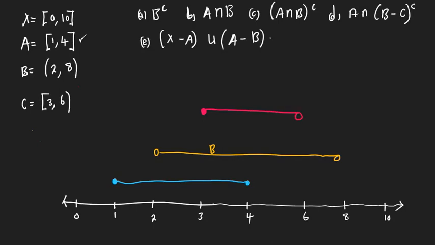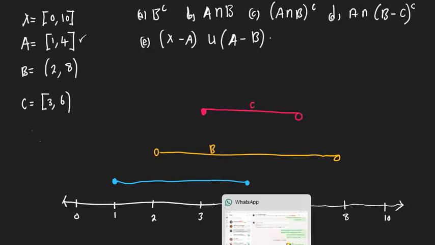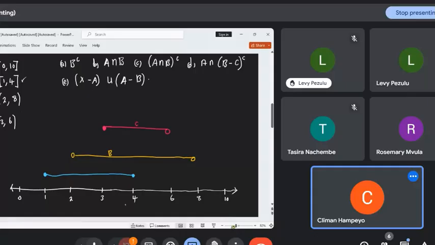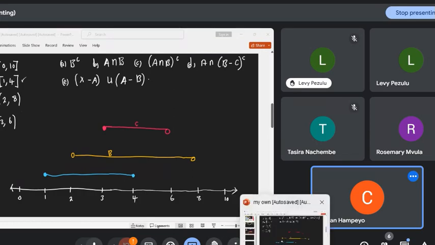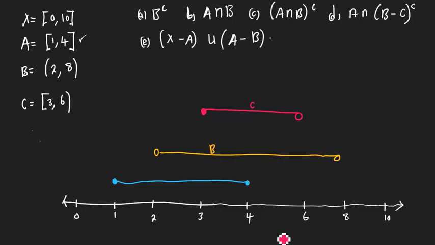An open circle there. And then I'm going to say this is going to be my C. And then after that, I'll operate the sets.